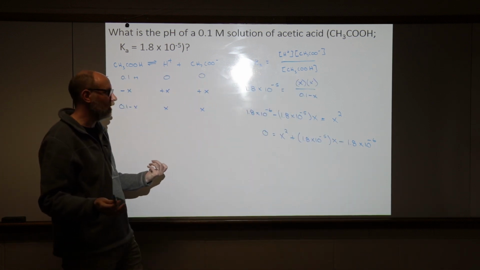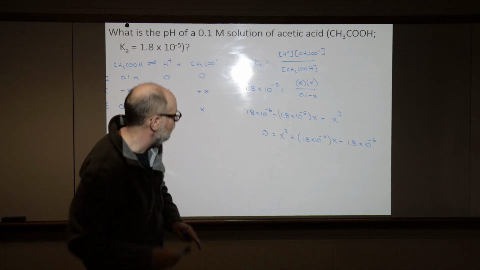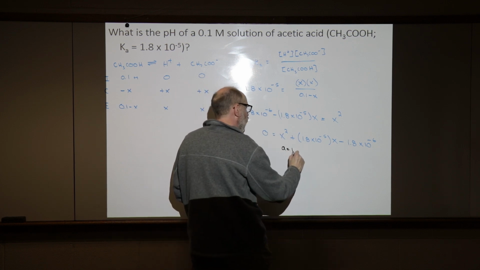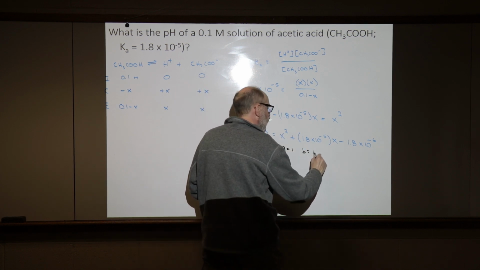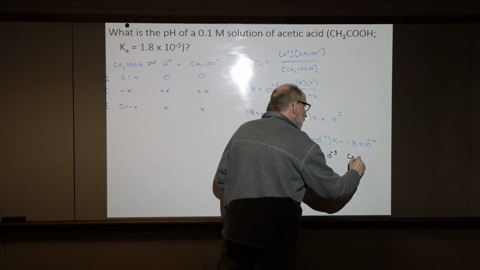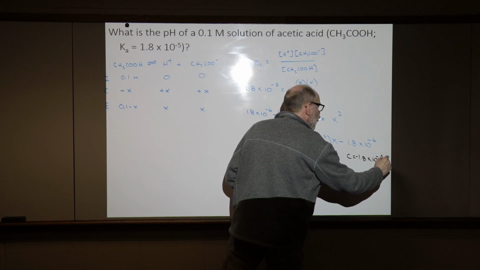So we've got everything set up, right? We've got our A, our B, and our C values. So for the quadratic formula, A is 1, B is 1.8 times 10 to the minus 5th, C is minus 1.8 times 10 to the minus 6th.